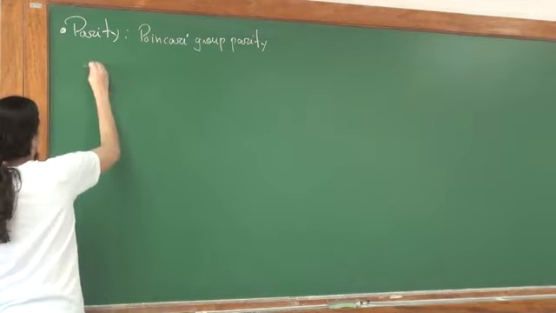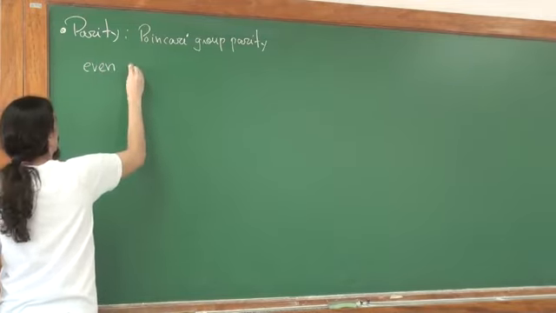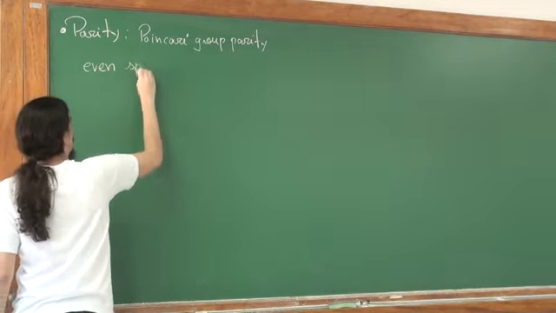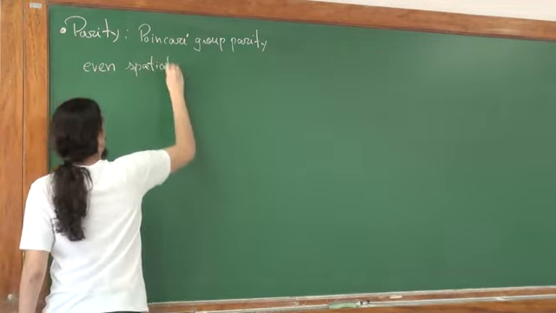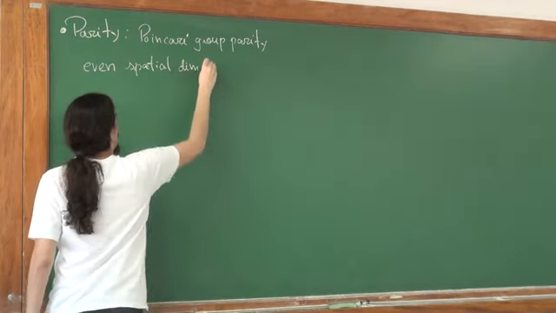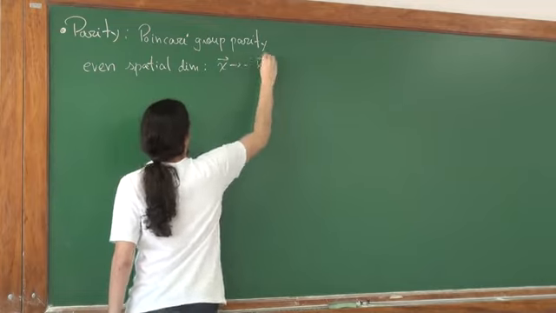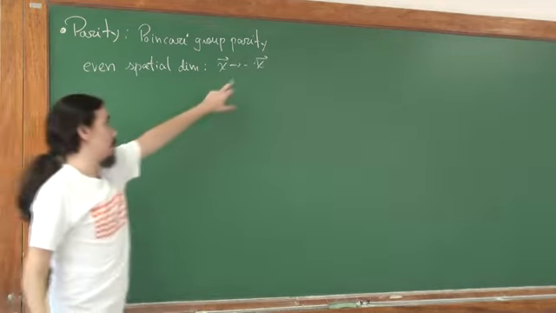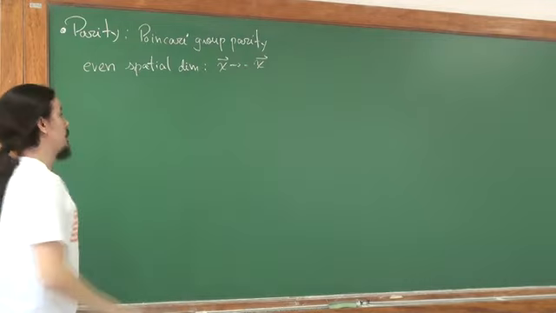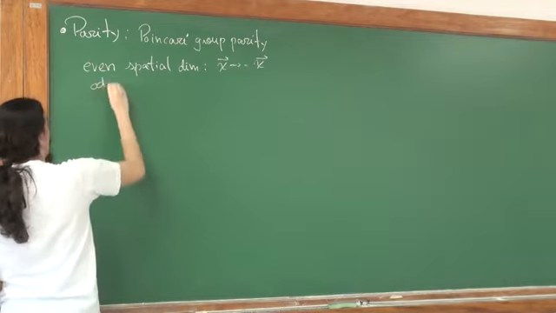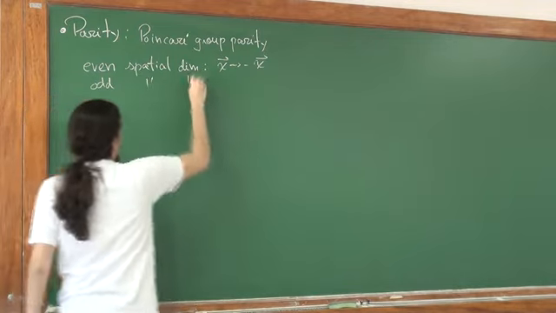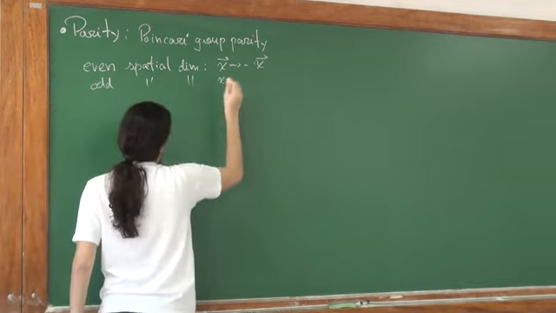And by inverted, if you have even spatial dimensions, and you take x to minus x, you're just inverting the sense of the spatial coordinates with the minus. If you have odd spatial dimensions, then you just take one of them, say the first one.